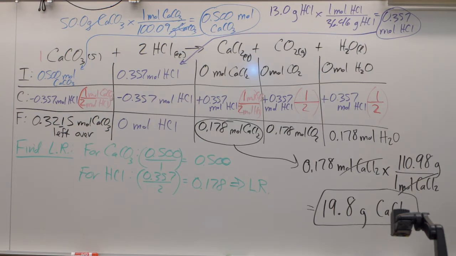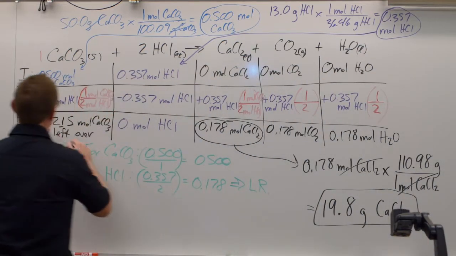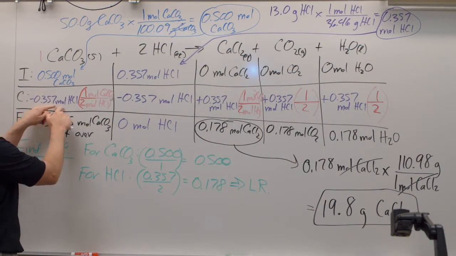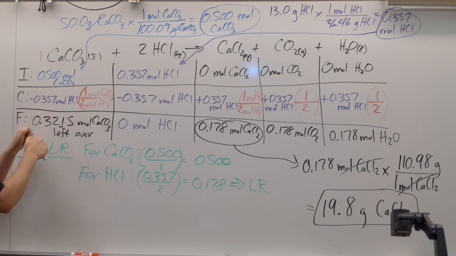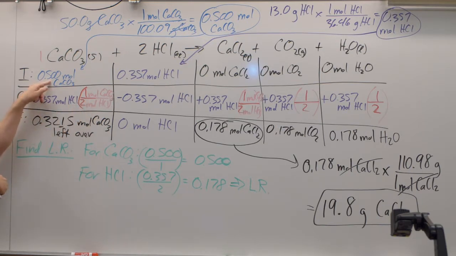Questions? Yeah, for the final. Uh-huh. For the, I should be at 0.325. Right, so what I'm doing is I'm taking 0.357 times a half, which comes out to be 0.178, and I'm subtracting that 0.178 from my 0.500.